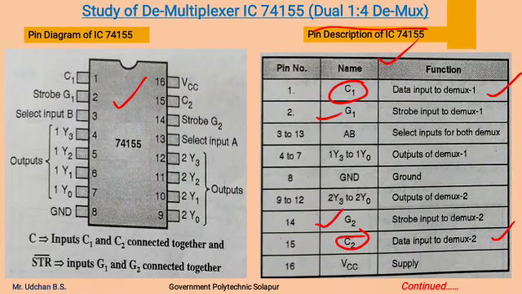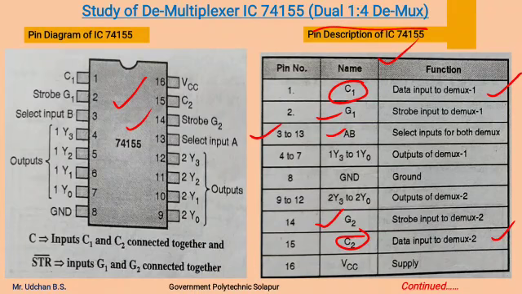For each demultiplexer, the number of select lines will be 2. Here common select lines are shown at pin numbers 3 and 13. A and B, these are the two select lines of both the demultiplexers. You can find these pins over here.